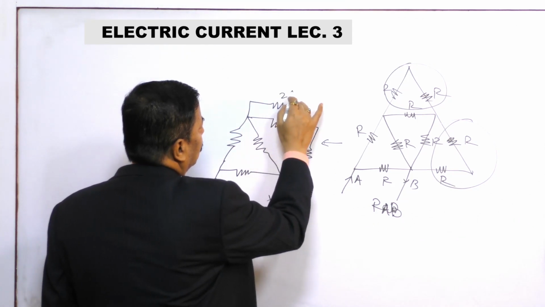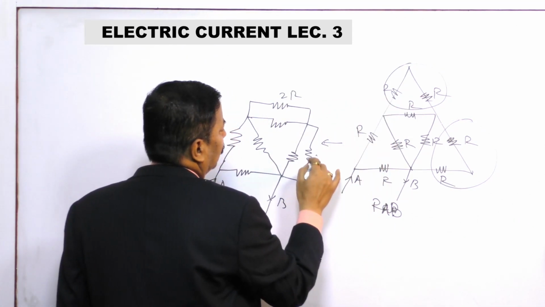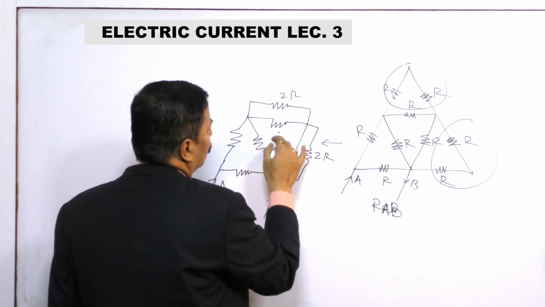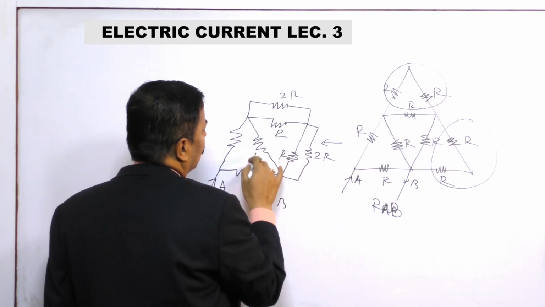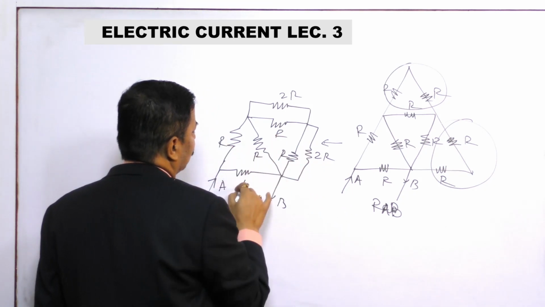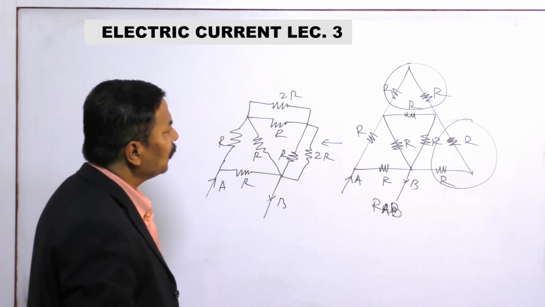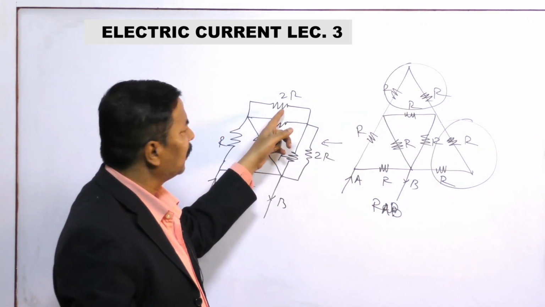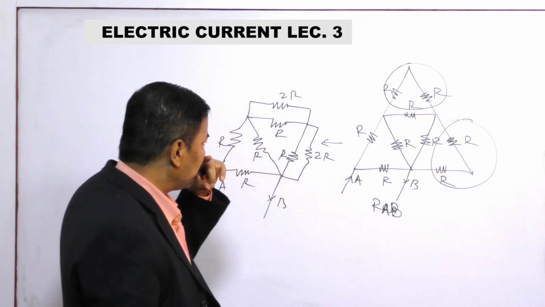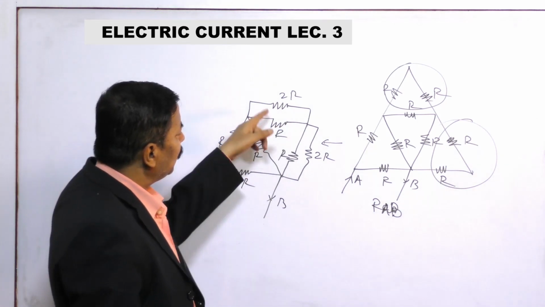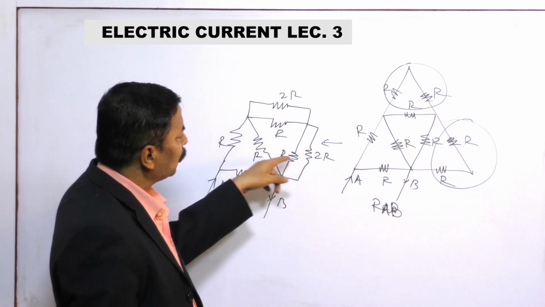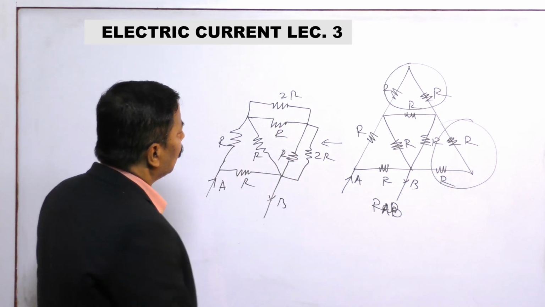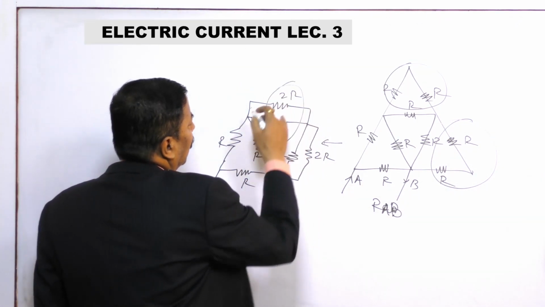This is 2R, why? R plus R is 2R. This is R, this is R, this is R. So these two resistors have been replaced by this single resistor 2R. Next, these two are in parallel and these two are in parallel. So what do we get?